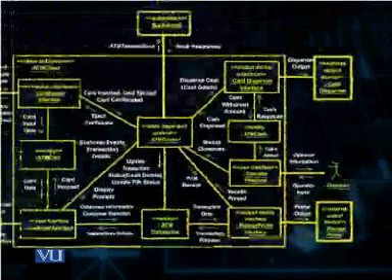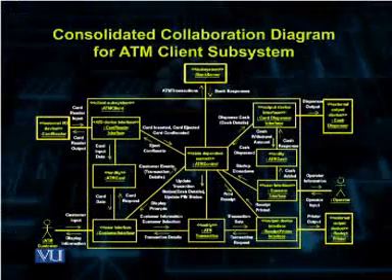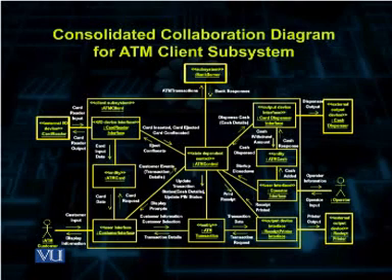Each of these external devices or users has an equivalent interface object in our system. We don't need an equivalent interface object for the bank because that is a software system and we don't need a separate interface object assigned to it. But the objects you see on the screen collaborate with each other to model the dynamic aspect of the ATM client system, and these collaborations show the organization of objects in our ATM client subsystem.